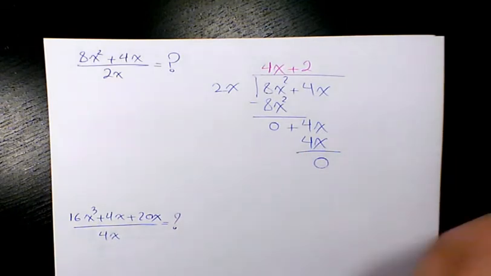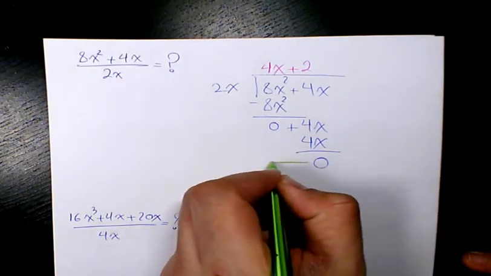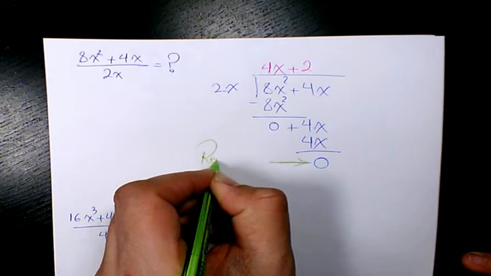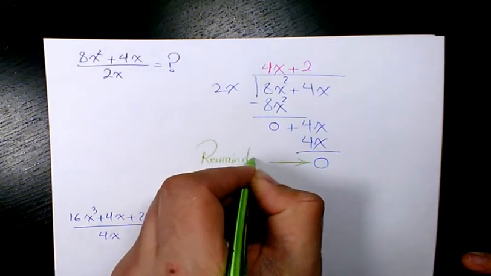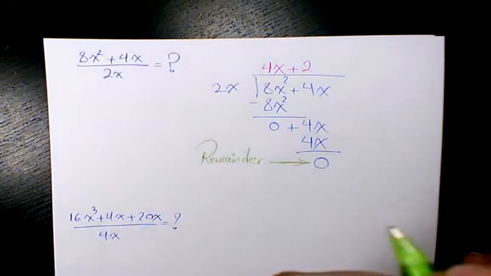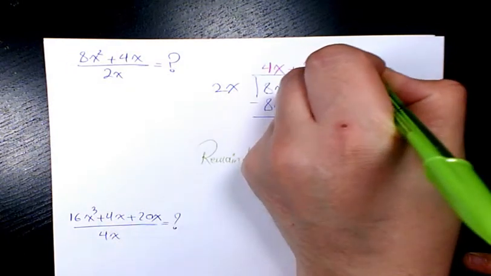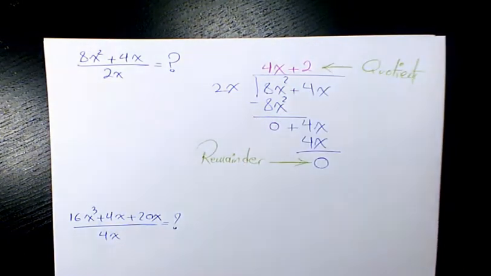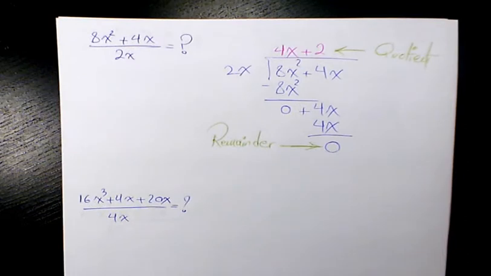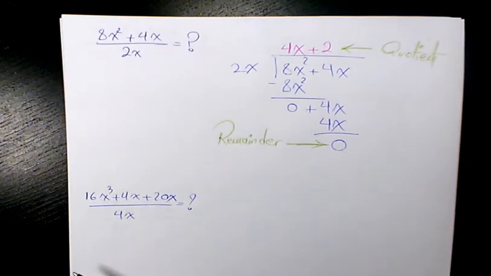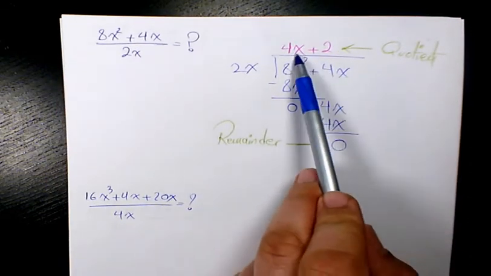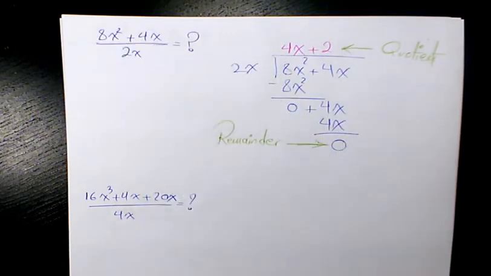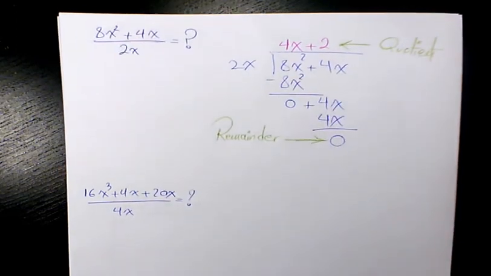So this one is going to be the remainder, and this one is going to be the quotient. So the answer is going to be 4x plus 2, and there is no remainder. So it means that 4x plus 2 is a factor of 8x squared plus 4x.